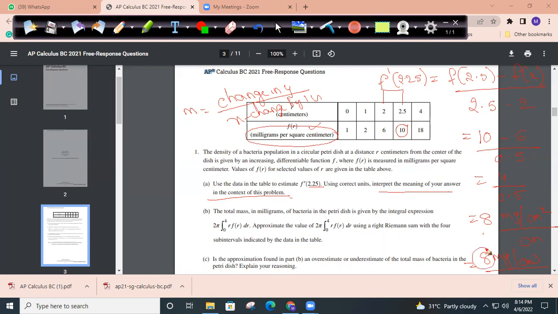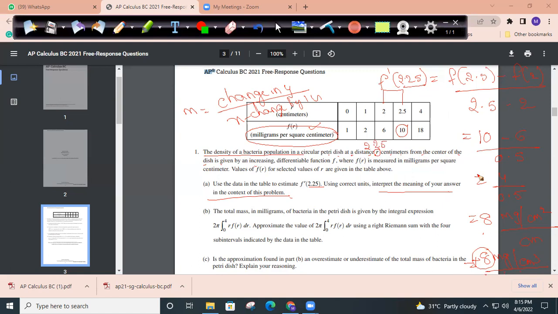I got slope as positive 8, and positive means increasing. So the density of the bacterial population in a circular petri dish at a distance of 2.25 centimeters from the center of the dish is increasing by 8 milligram per centimeter cube. That should be the interpretation of f dash of 2.25.